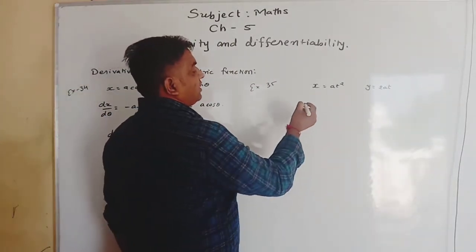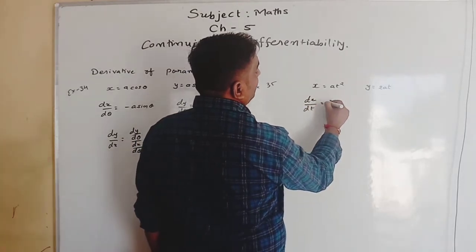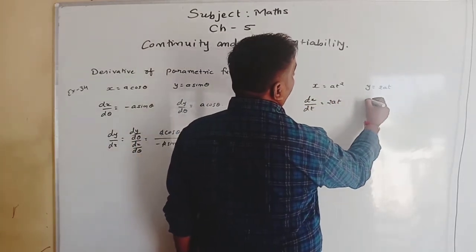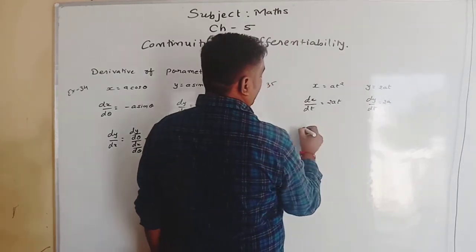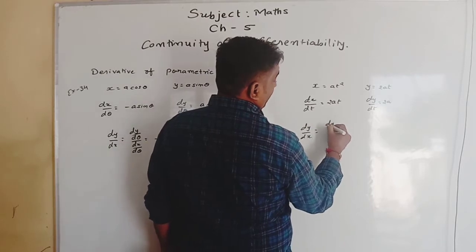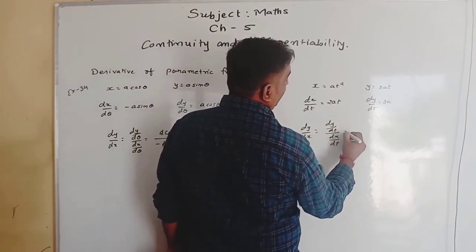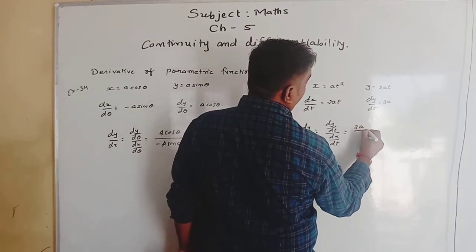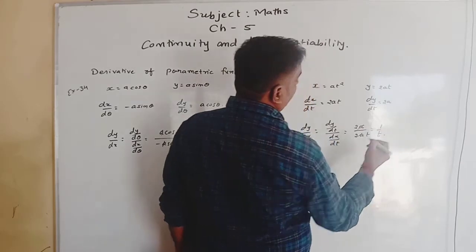Then dx upon dt equals 2at and dy upon dt equals 2a. So dy by dx will be dy upon dt upon dx upon dt, which is 2a upon 2at. The 2a cancels, so the answer is 1 by t.